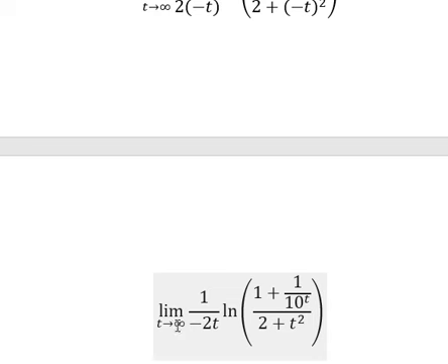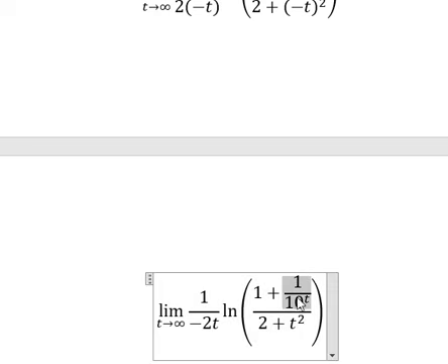So when t approaches positive infinity, this one you get 0. 1 divided by positive infinity, you get 0. Ln of 0, we have negative infinity. Because we have the negative sign here, this one goes to negative infinity.